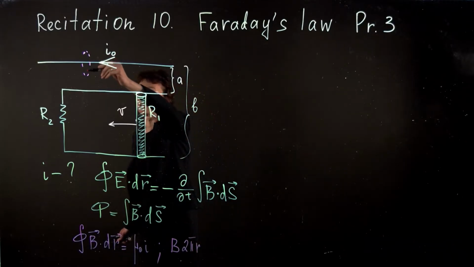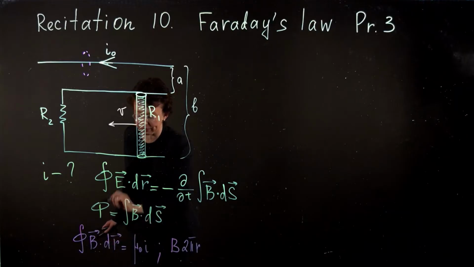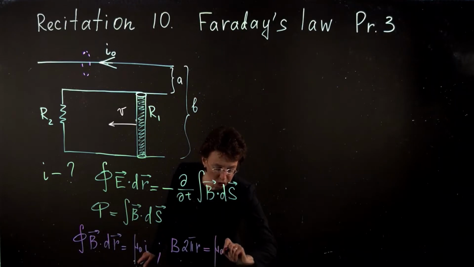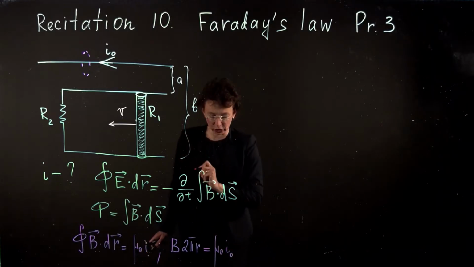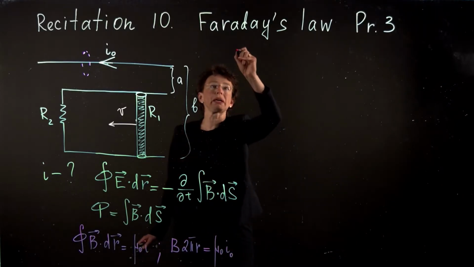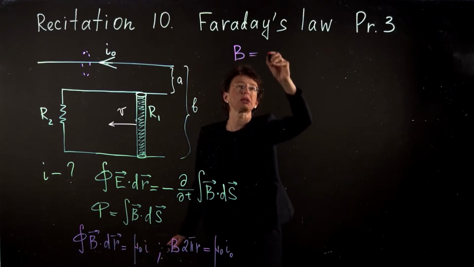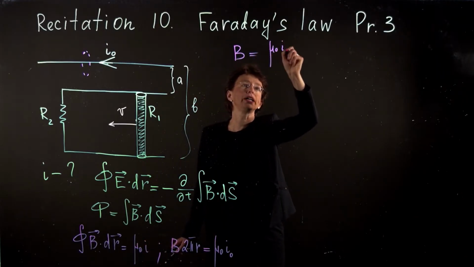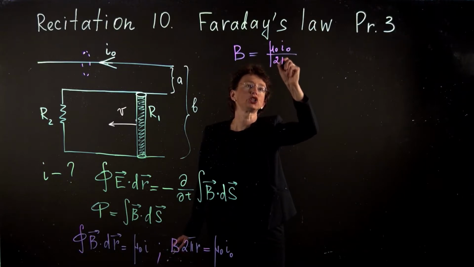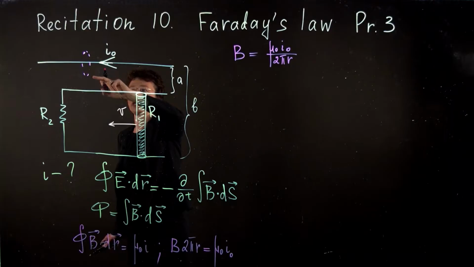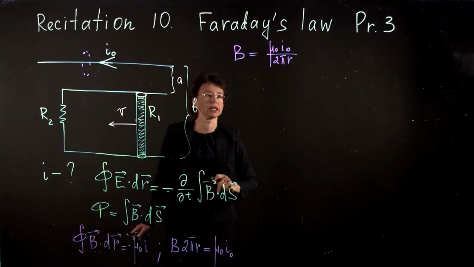B is parallel to each point of this dr. I simplify the left-hand side of Ampere's law, and this is equal to mu naught, and the current enclosed is I₀. So now we know the magnitude of the magnetic field: mu naught I₀ divided by 2 pi r, where r is the distance from this wire to the point where I'm looking for the magnetic field.